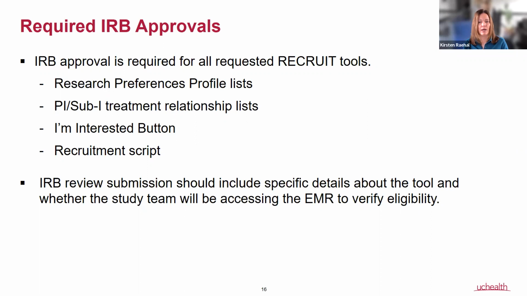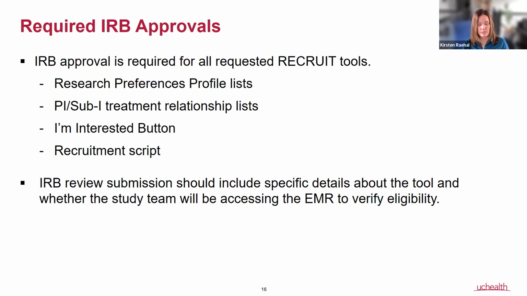Same thing, if you have PI sub-I treatment relationships list requested, you need to seek IRB approval from the IRB of record for that as well. So you can see it doesn't only include IRB approval of the I'm interested button and the recruitment script, but it should include IRB approval for any and all tools that are requested.